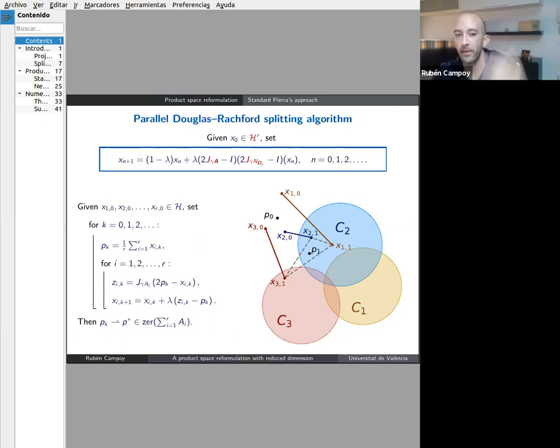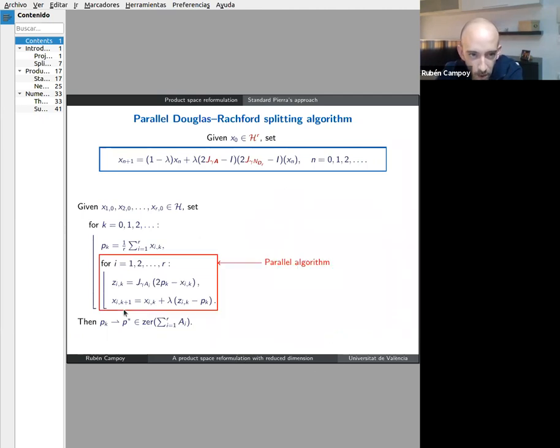So if we repeat the procedure, then we will generate this sequence of p's that will be weakly convergent to a point in the intersection. Okay, so have a look at this part here. This is a loop. That means that our algorithm is parallel. We can compute these steps independently. But the problem is that we need to store all the R sequences in order to compute the next step in the iteration.